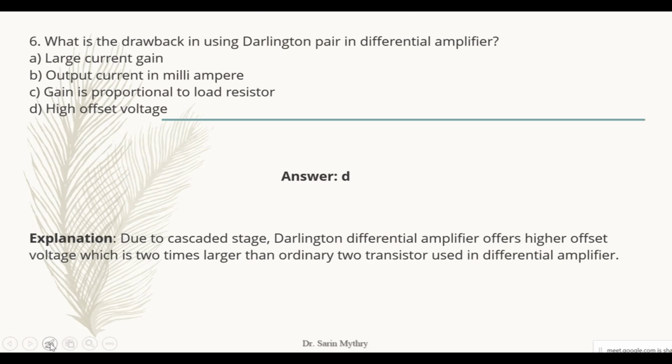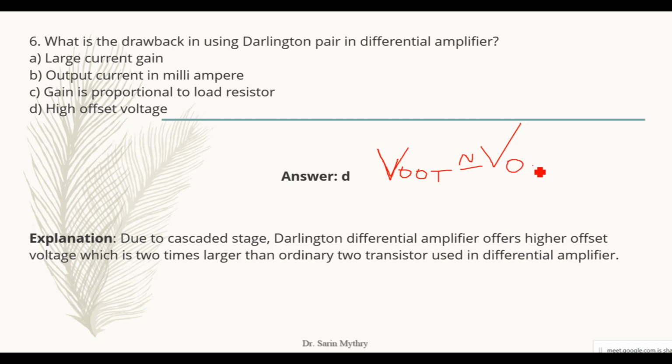You have studied one term called VOOT. What is this? It's the total output offset voltage, similar to VOO, the output offset voltage.